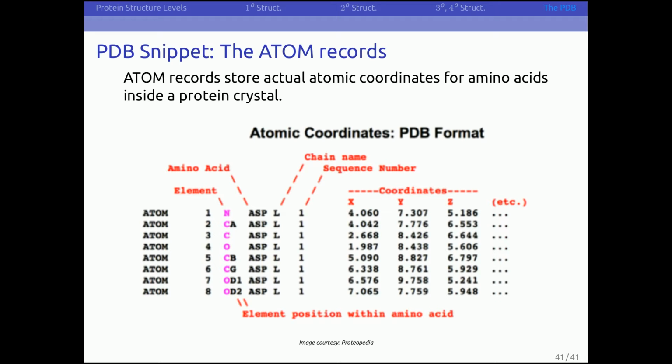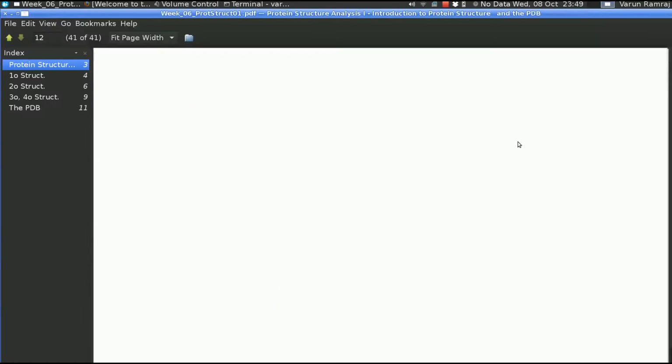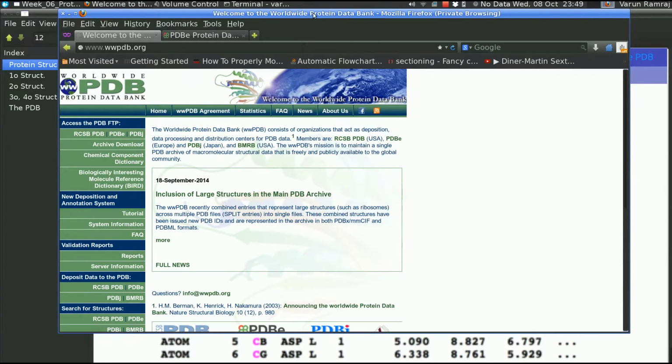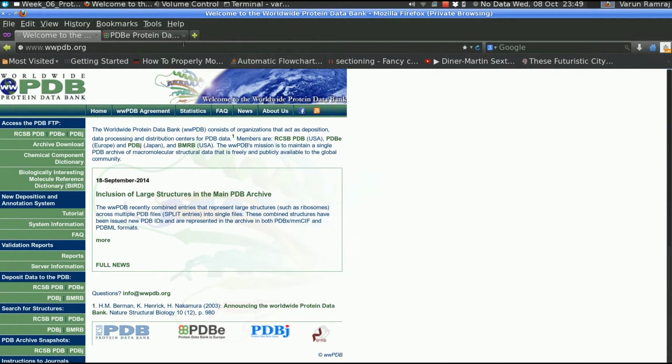So this is my last slide in the lecture today, but I thought it would be helpful for us, just before we break today, to look at the Protein Data Bank, just briefly. So this is the wwPDB, the umbrella project for the Worldwide Protein Data Bank.